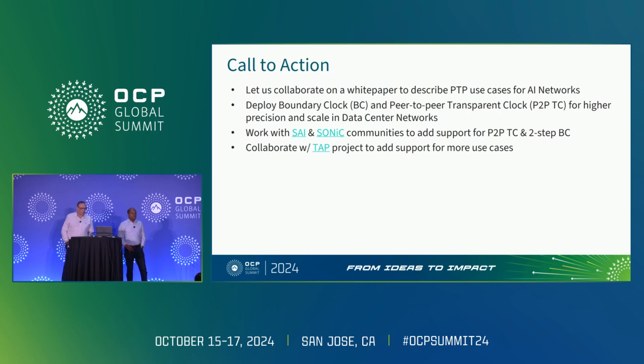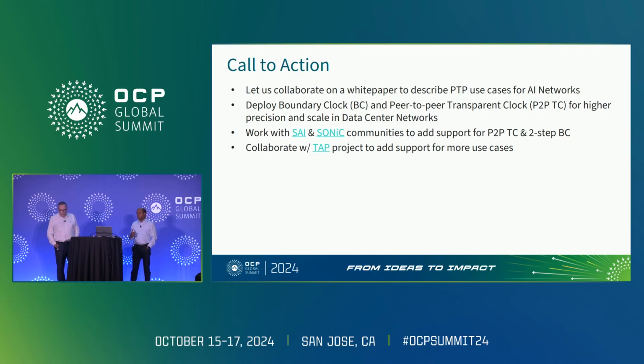Then the call to action, again, is let's collaborate. We are contributing to SAI. If you have any requirement that you need addressed in SAI SONiC deployments supported by Broadcom in Broadcom networks, please reach out to us. We'll be happy to support.